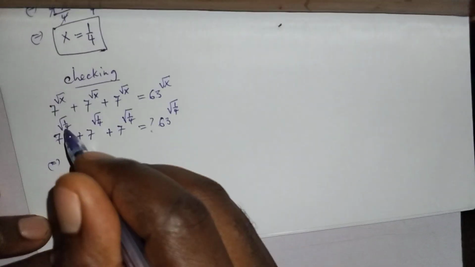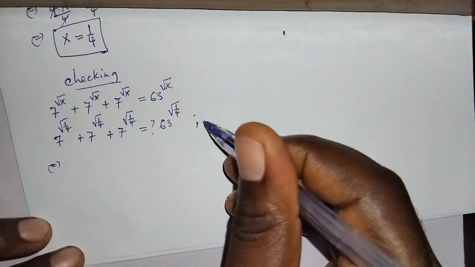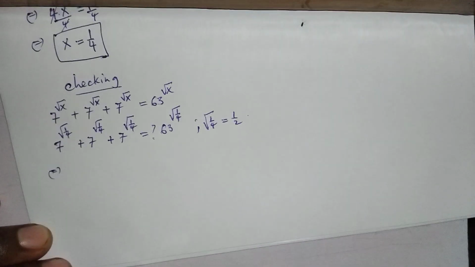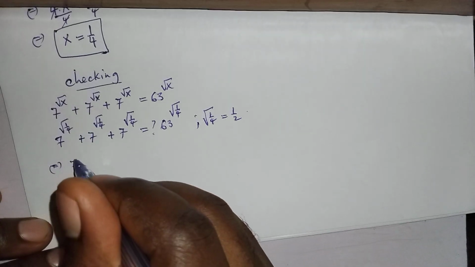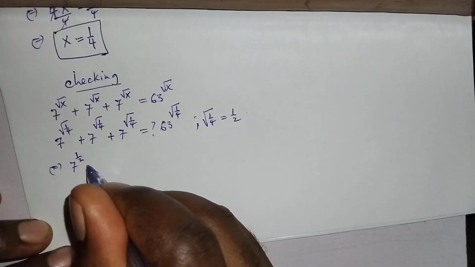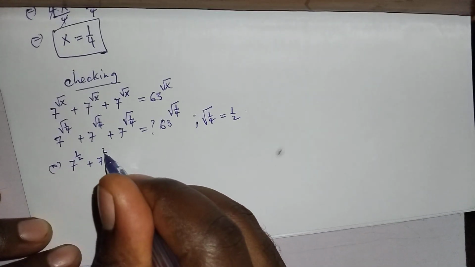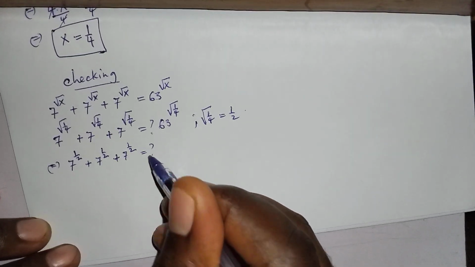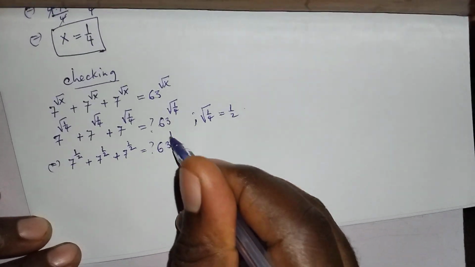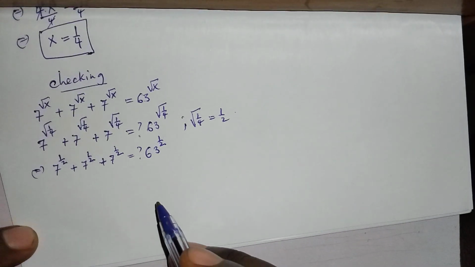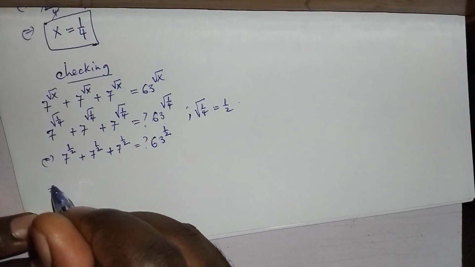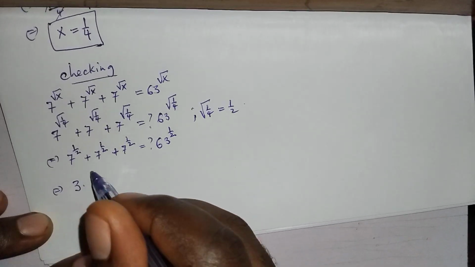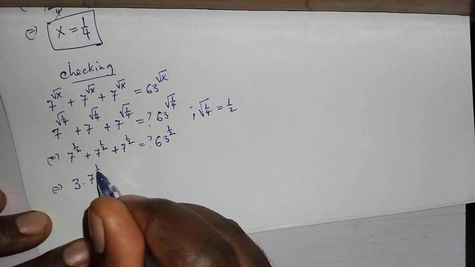Here it is, the square root of 1 over 4 is 1 over 2. So it is 7^(1/2) + 7^(1/2) + 7^(1/2). Is it equal to 63^(1/2)? Here it is 3 times 7^(1/2).